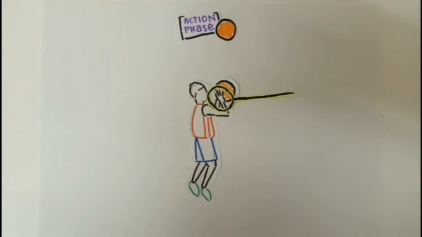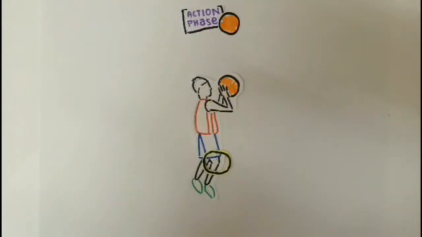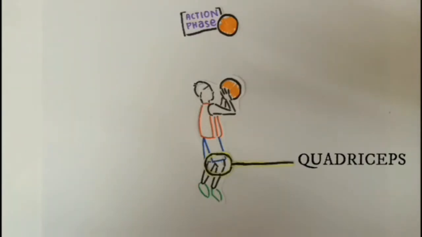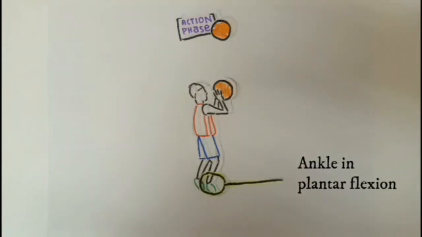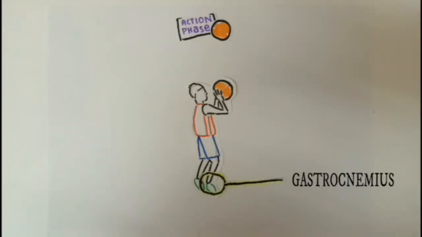The muscles involved are the wrist flexor group, which are flexor carpi ulnaris, flexor carpi radialis, and palmaris longus. For the knee joint, it is extension involving quadriceps, while the ankle is plantar flexion involving gastrocnemius and soleus.